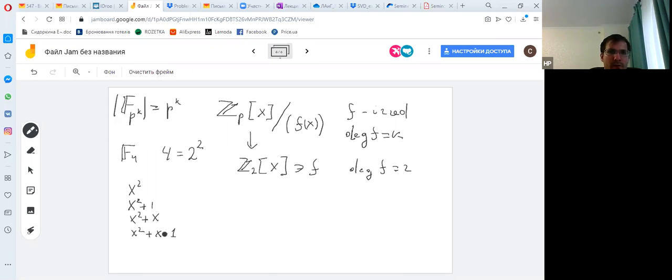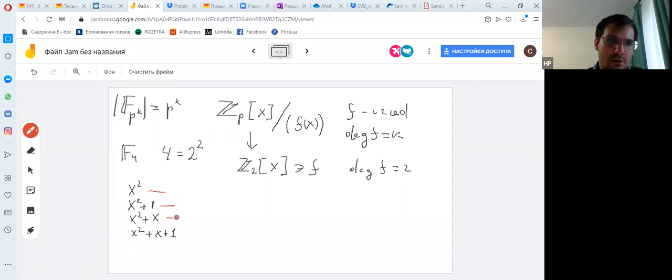Since all the coefficients are either 0 or 1, there are no other possibilities except these 4. This is not irreducible because it has the root 0. This is not irreducible because 1 is a root of this polynomial.